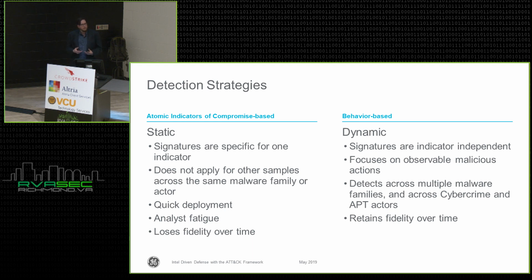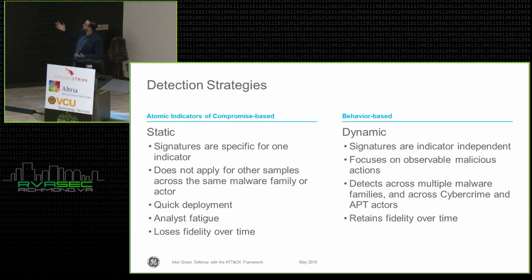But what happens is the next go around, the next variant, all these change. And so all that effort, all that energy, all that time spent creating detection for those indicators is no longer effective at detecting the same type of threat, the same malware family, the same campaign.